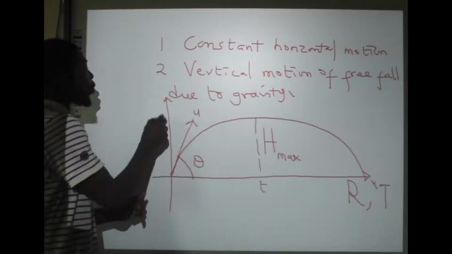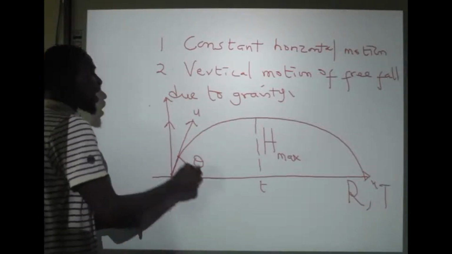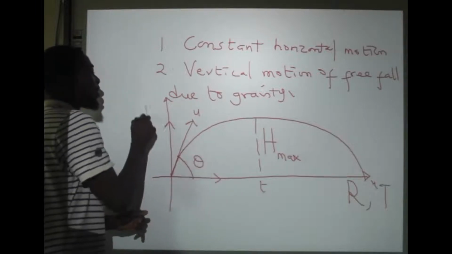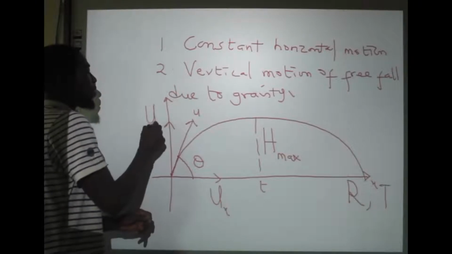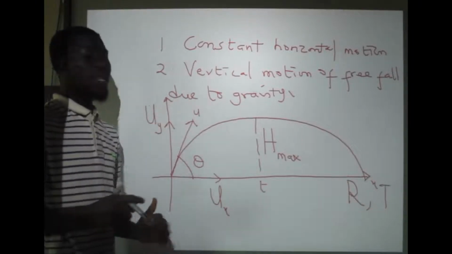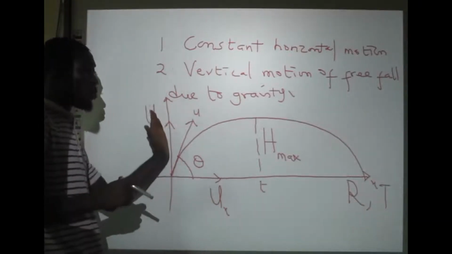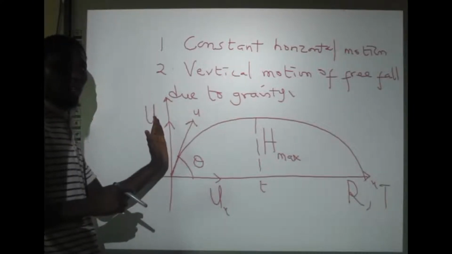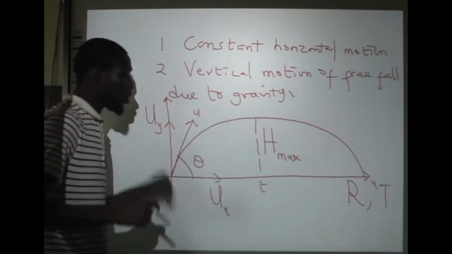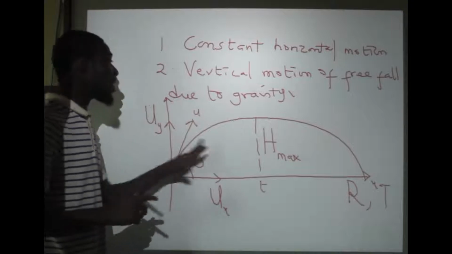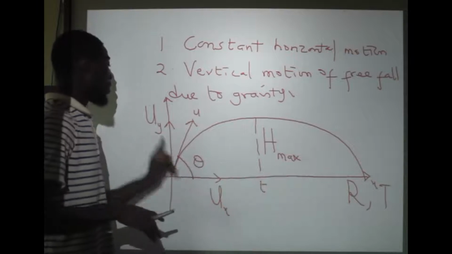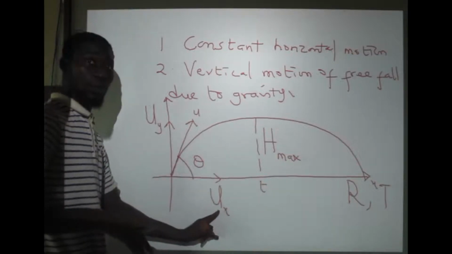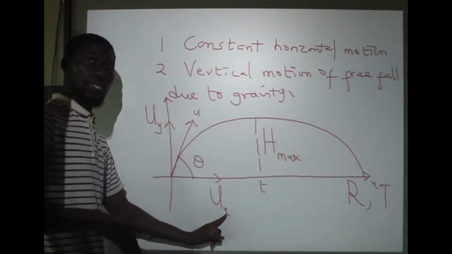We also have the horizontal and the vertical velocities. The horizontal is represented using ux, and the vertical using uy. So these are all the terms we use in projectile motion. Let's start from scratch with the horizontal velocity ux.